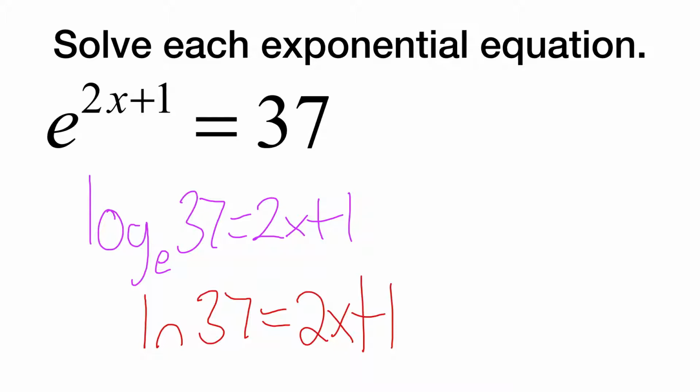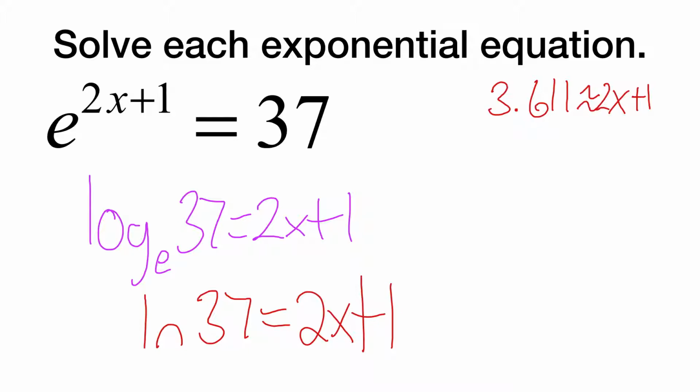So let's see. ln 37 is 3.611 approximately. And that equals 2x plus 1. So my first step is to subtract 1.